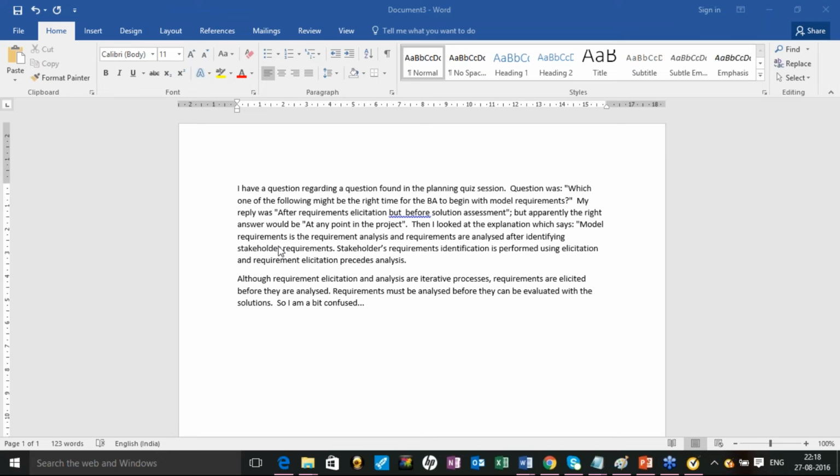On the basis of your stakeholder characteristics, you use different elicitation tools and techniques, and the output of elicitation is elicitation results, where you get many requirements related to different stakeholders.